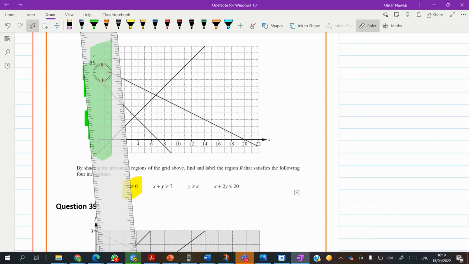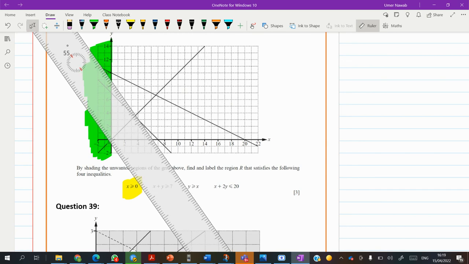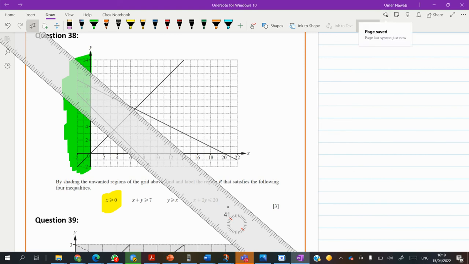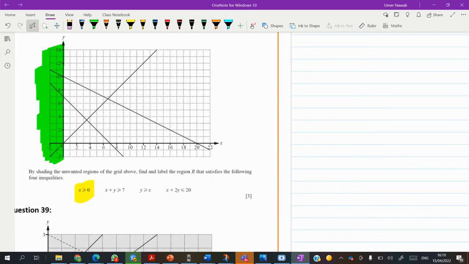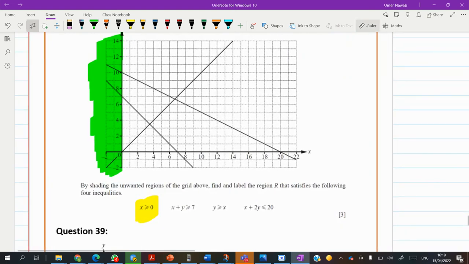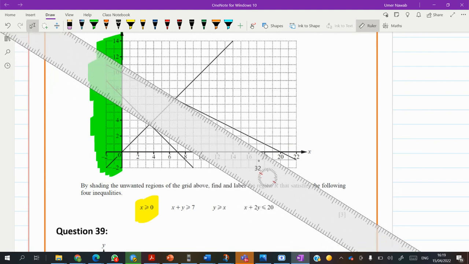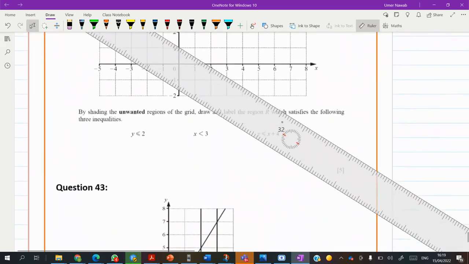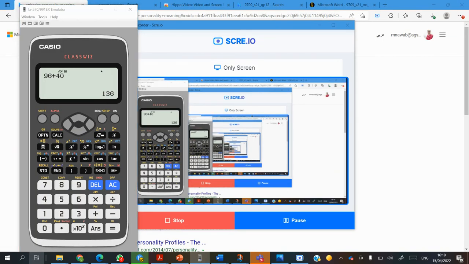You guys can easily see x plus y is equal to 7. There's a problem in the working of OneNote. Let me again try to open it.